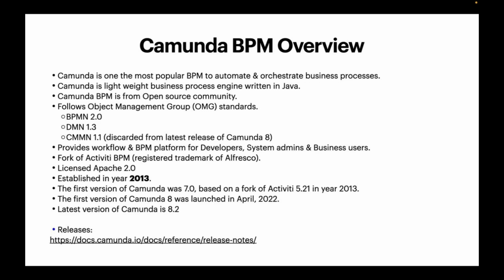But you can think that after almost 9 years a major release has been launched, and there is support from the company, from the product, for both versions, Camunda 7 and Camunda 8.